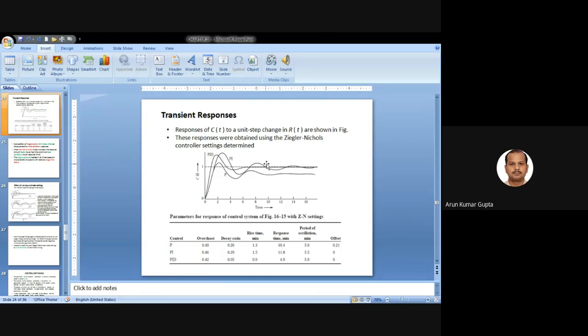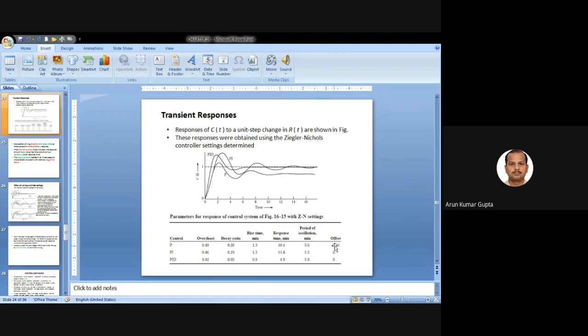So basically we have some additional benefits of using these controllers. This graph is shown for whatever parameters we have taken; we plotted the graph and the results are compared. Just like in the proportional controller, what is the overshoot, what is the decay ratio, what is the rise time, response time, period of oscillations, offset.